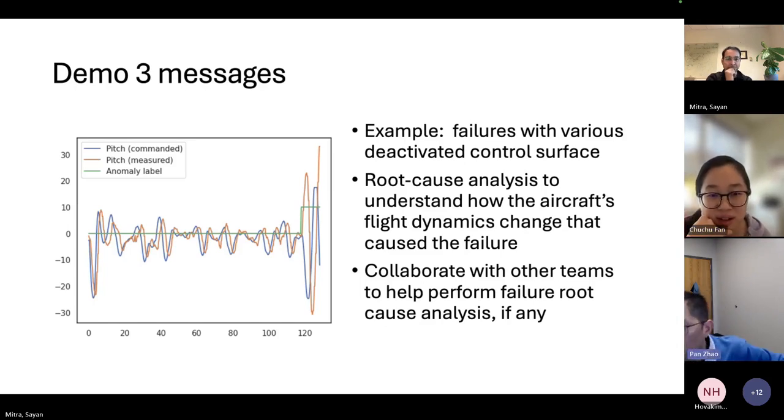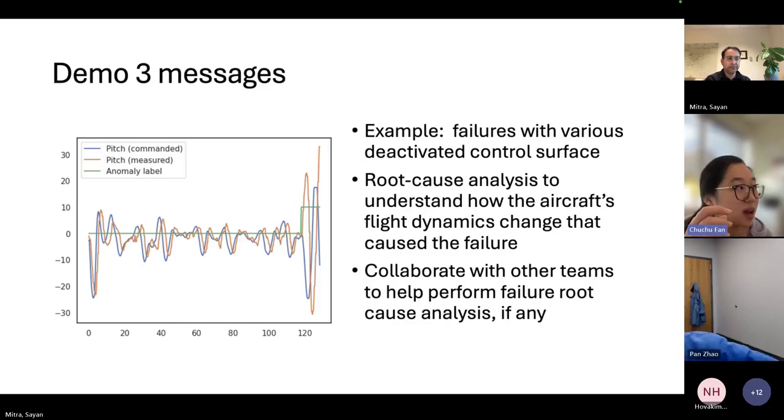I see. So based on my understanding, basically you need the trajectory data of the system in the normal cases and also in the different failure cases. Yes. Okay.